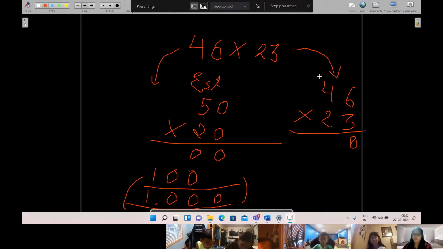It means you have one to carry for the addition. 3 into 4 is what? 12. 12 plus 1 is 13. So now multiply with 2. 2 into 6 is what? 12.